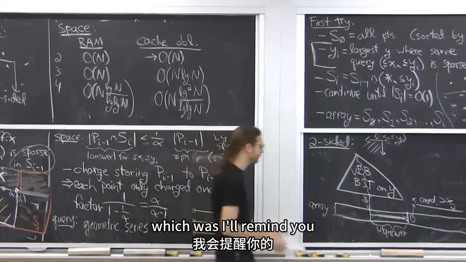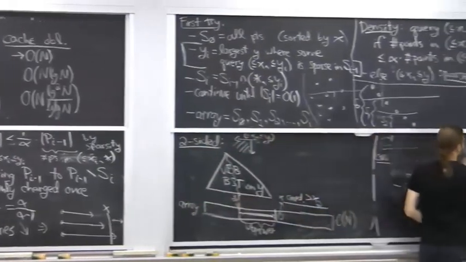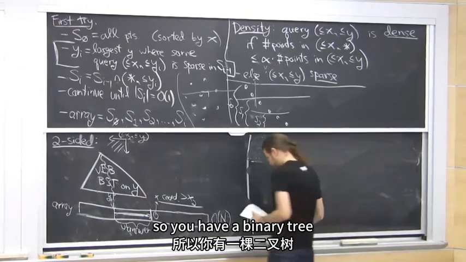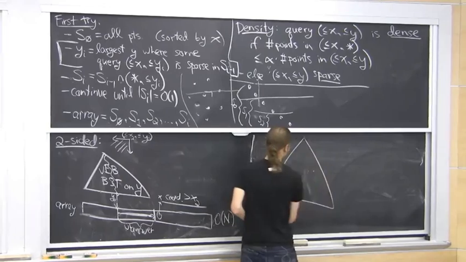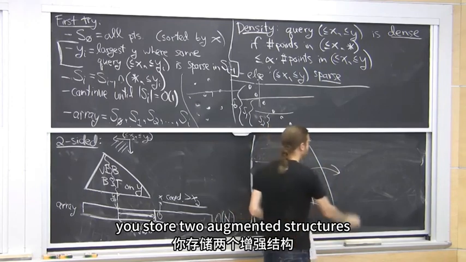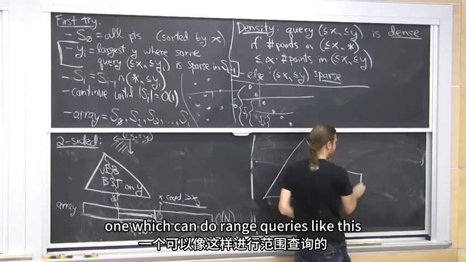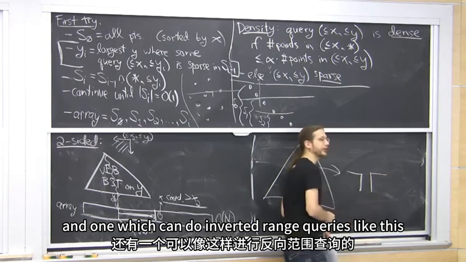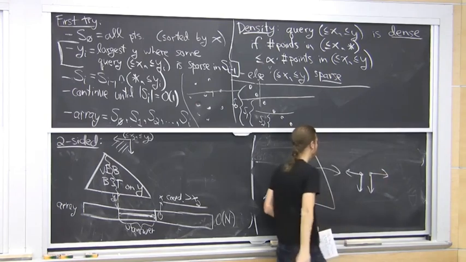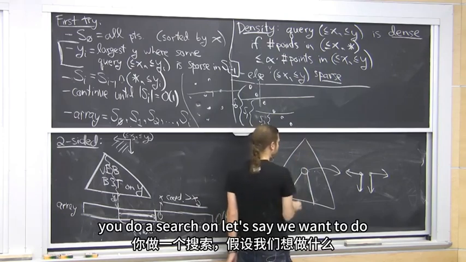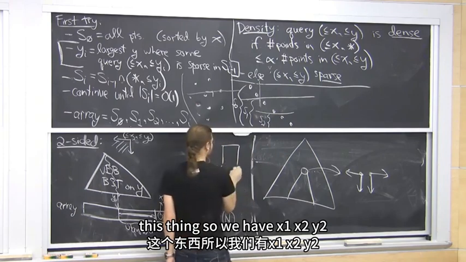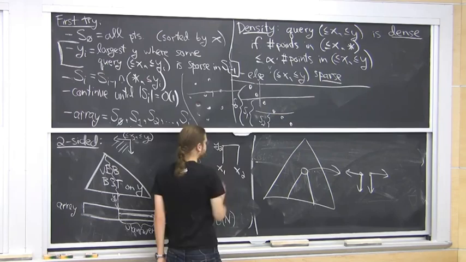which was, I'll remind you what it looks like. So you have a binary tree, and on each node, you store two augmented structures, one which can do range queries like this, and one which can do inverted range queries like this. This should look familiar. And so you do a search on, let's say we want to do this thing. So we have x1, x2, y2.